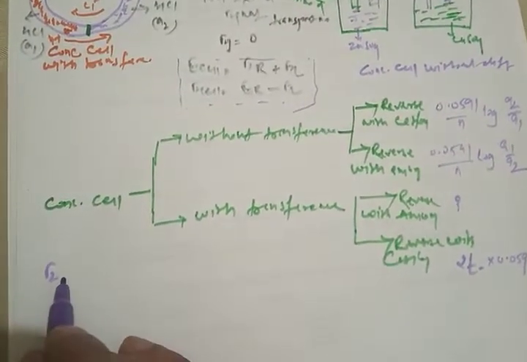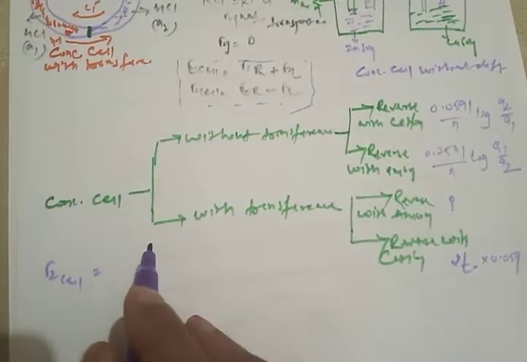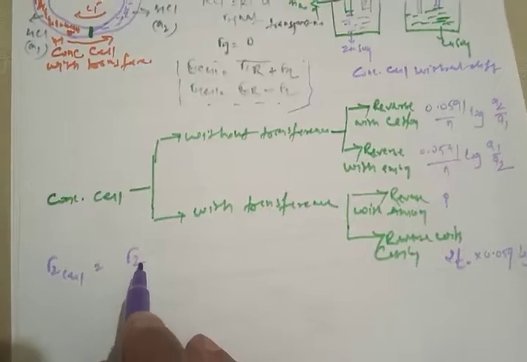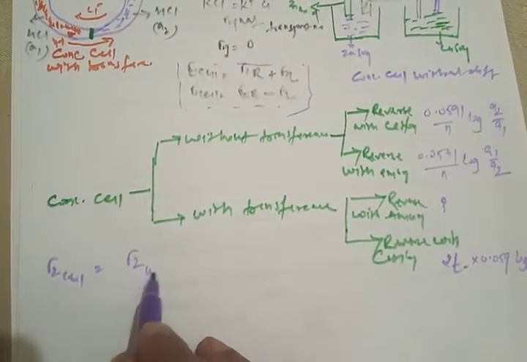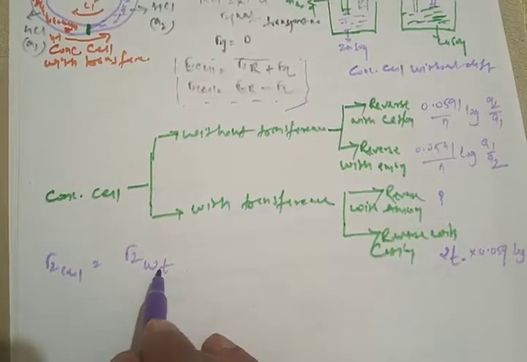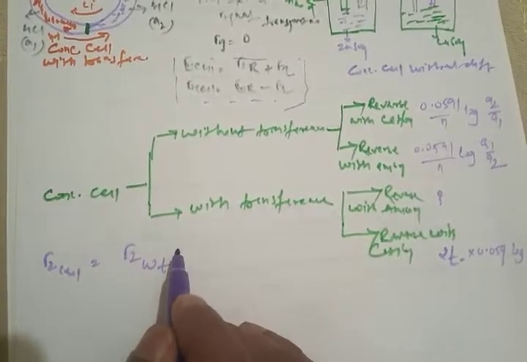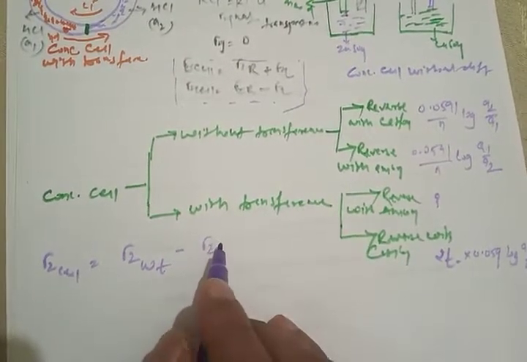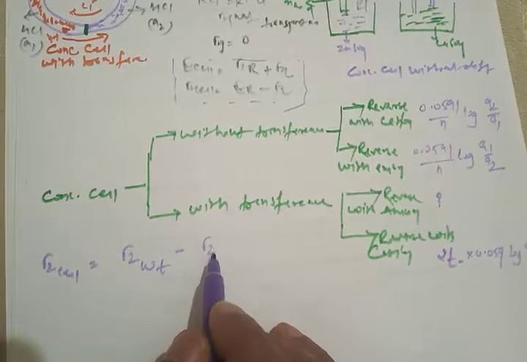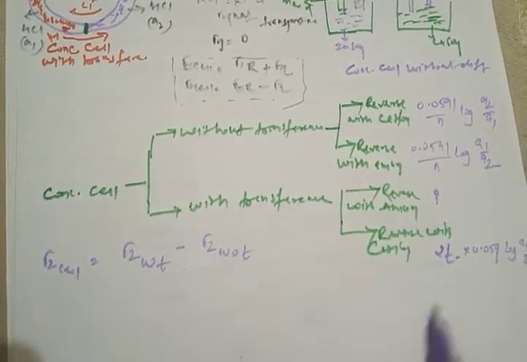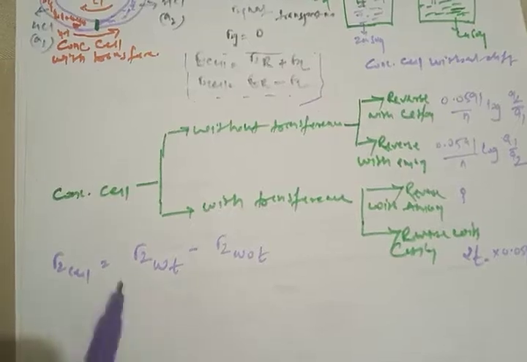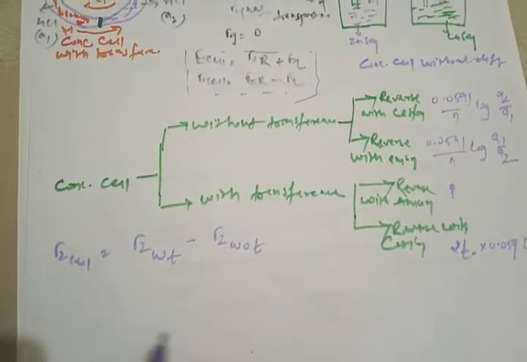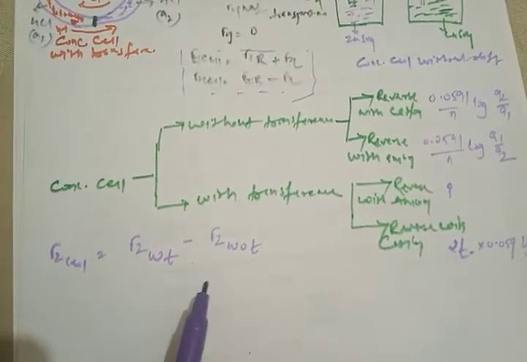So let's discuss the E cell for liquid junction potential, and here I am writing E, the EMF with transference, minus the EMF without transference. This is for notation, not the universal notation; you can write anything, but this is what I am writing.